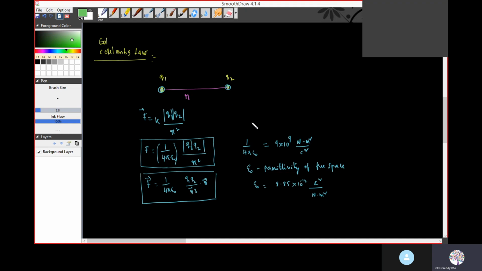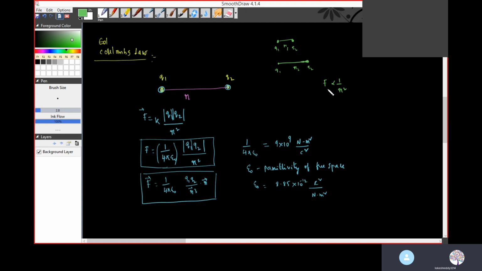Now, if Q1 and Q2 are the same, then F is inversely proportional to R square. So the question will be like this. Say there were two charges Q1 and Q2. Initially the distance is R1. Now the distance is R2. Same charges Q1 and Q2. Then what is the force now?